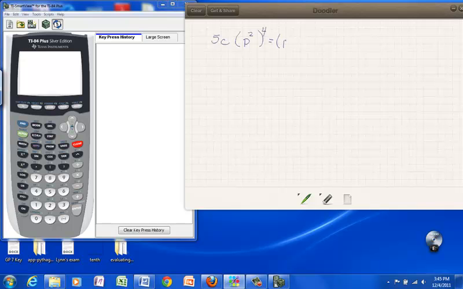So I have p squared times itself 4 times. And if you can imagine in your head what this would be in expanded form without writing it, go ahead and jump to the answer.